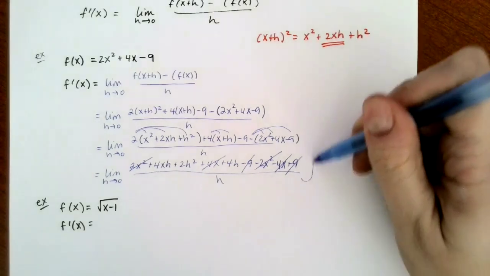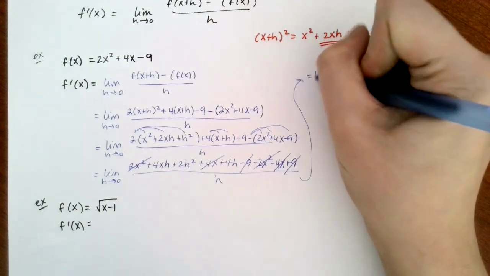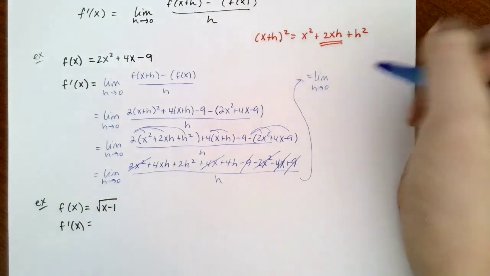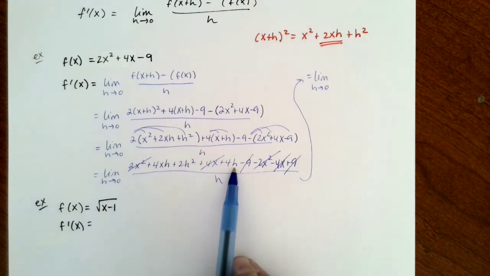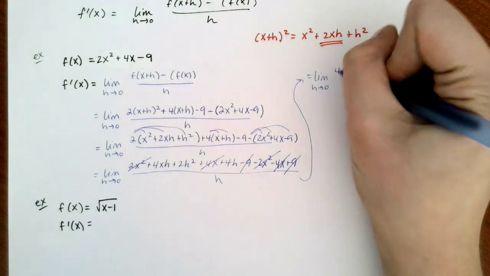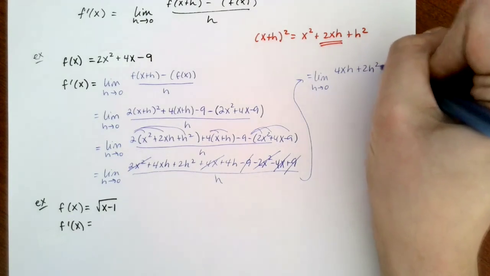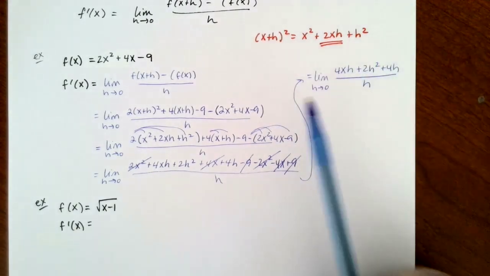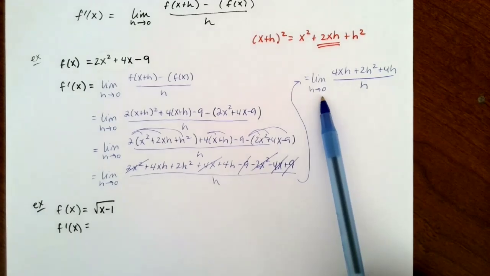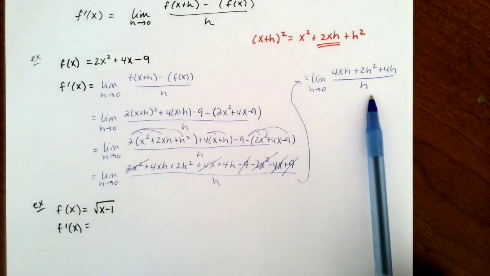And in fact, I'm going to continue this up here for space. Each of those things left, these three terms, they all have an h in them. My goal here in the end is to plug in h equals 0, which I still can't, right?